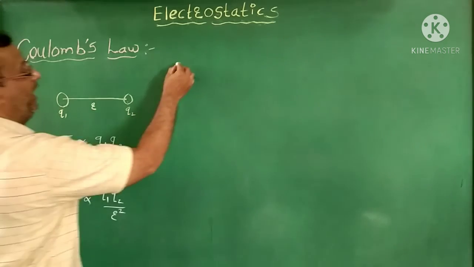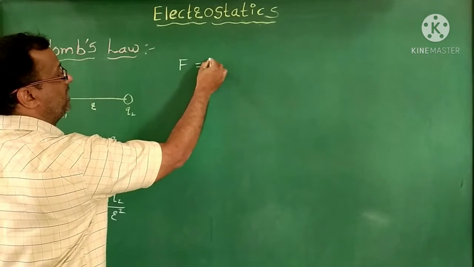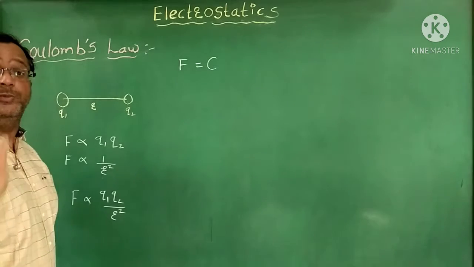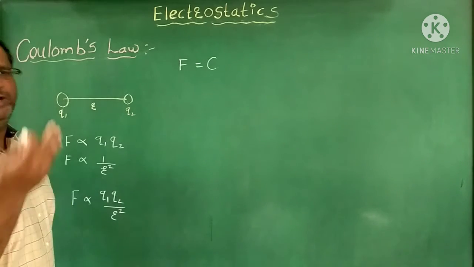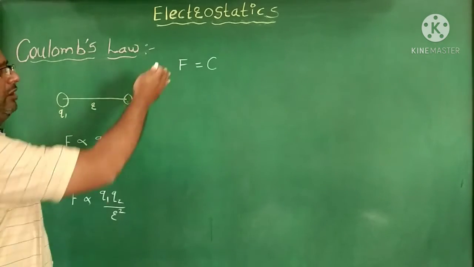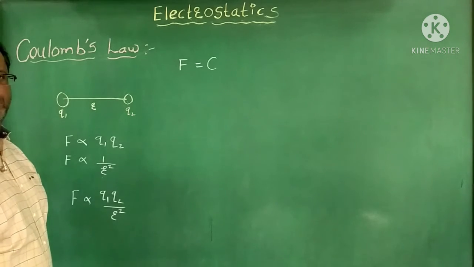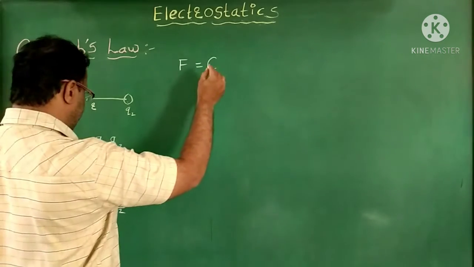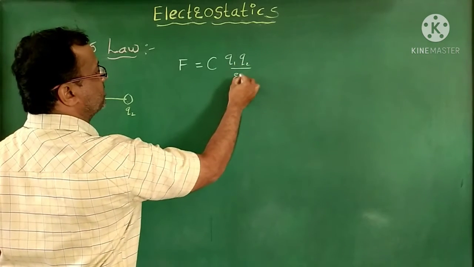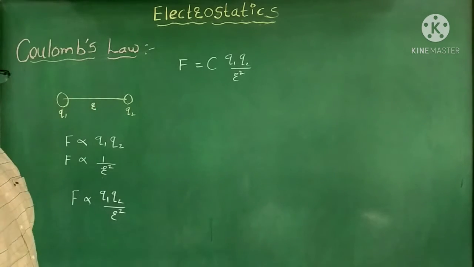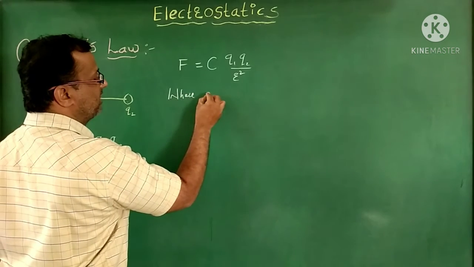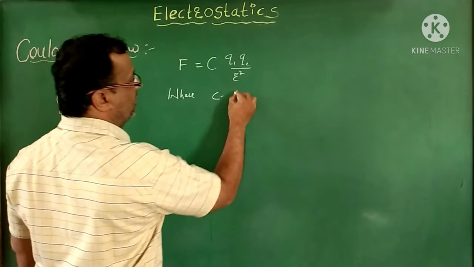So suppose we take the proportionality constant as C. Instead of C, we can take other symbols also, whether K, Z, whatever. We can take any symbol for this proportionality constant. So F is equal to C into Q1 Q2 upon r square, where C is the proportionality constant.